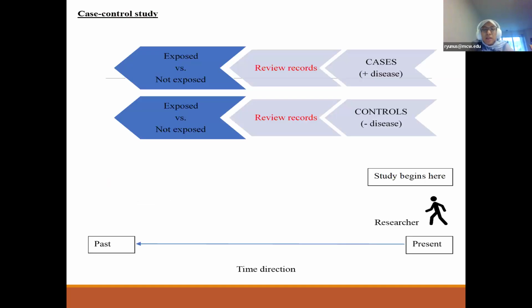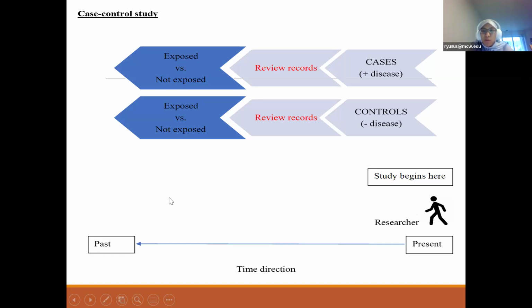Now, if you look at this slide, I think I've shared this slide with you in the last lecture, but to recap and to remind you, this is how a case control study looks like. You are the researcher, you are now at the present, and you are looking into the past. This is the time direction. You are looking at what has already happened.